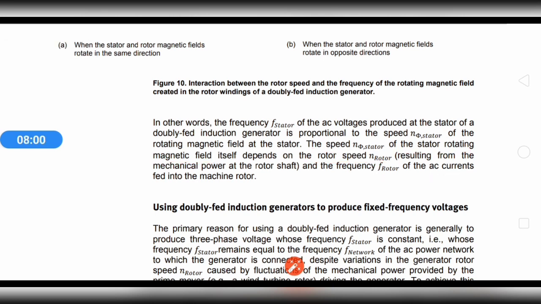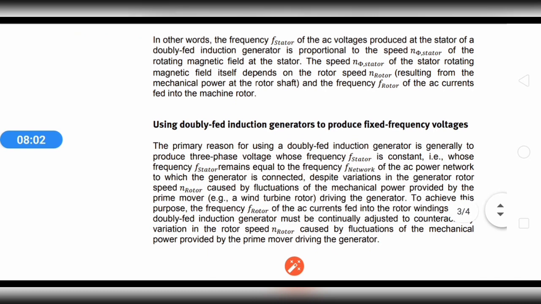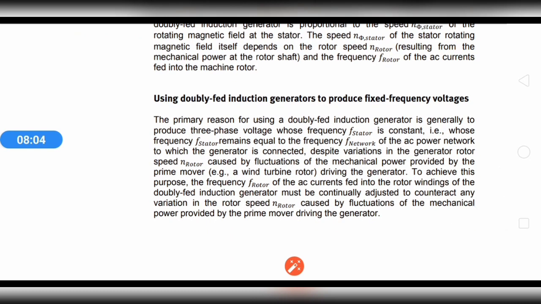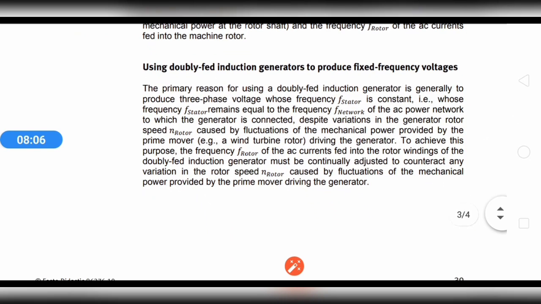So using a doubly fed induction generator, how does the frequency remain constant? The primary reason for using a DFIG is generally to produce a three-phase voltage whose frequency is constant. So let us see how it works.